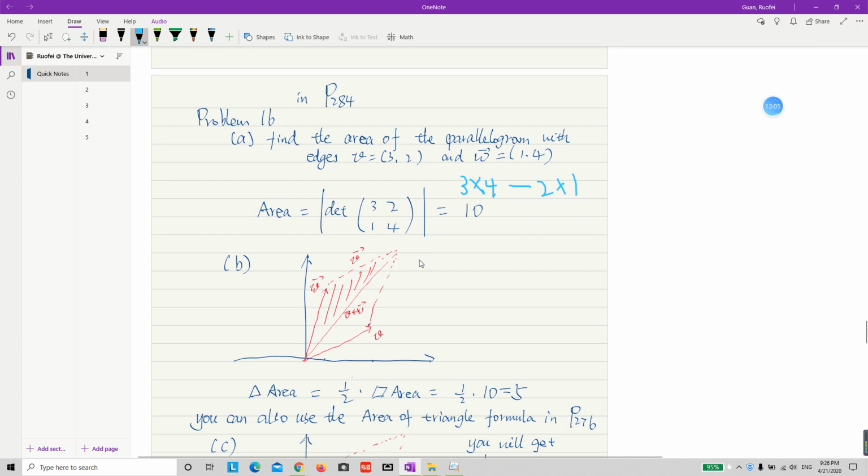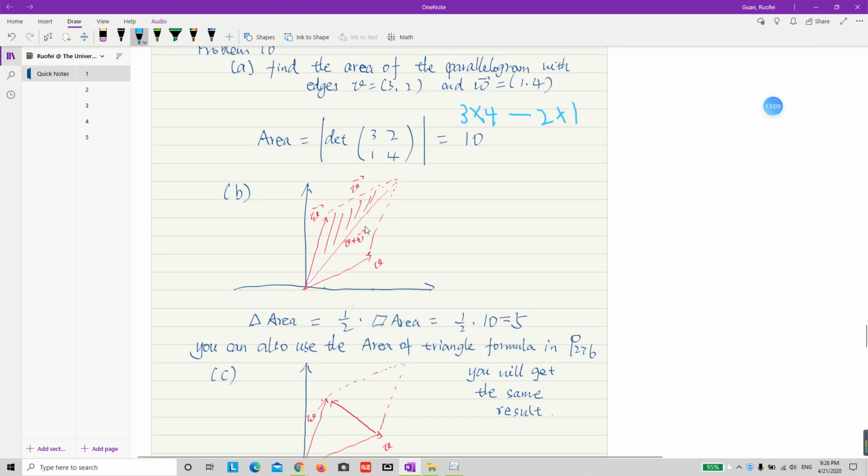Next, you need to compute the triangular area formed by W, V, and V plus W. Which means the area of this triangle.